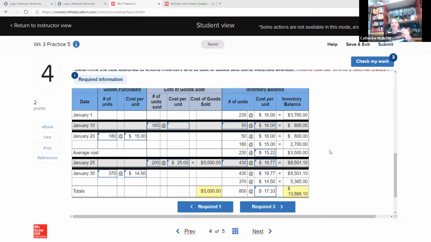You might want last in, first out. But the problem is then you leave the older, cheaper inventory on your books. I don't know why anybody would want that old stuff sitting on the books. Right, because it reduces the asset value and it increases your cost of goods sold. Good thinking. That tells me you understand it.